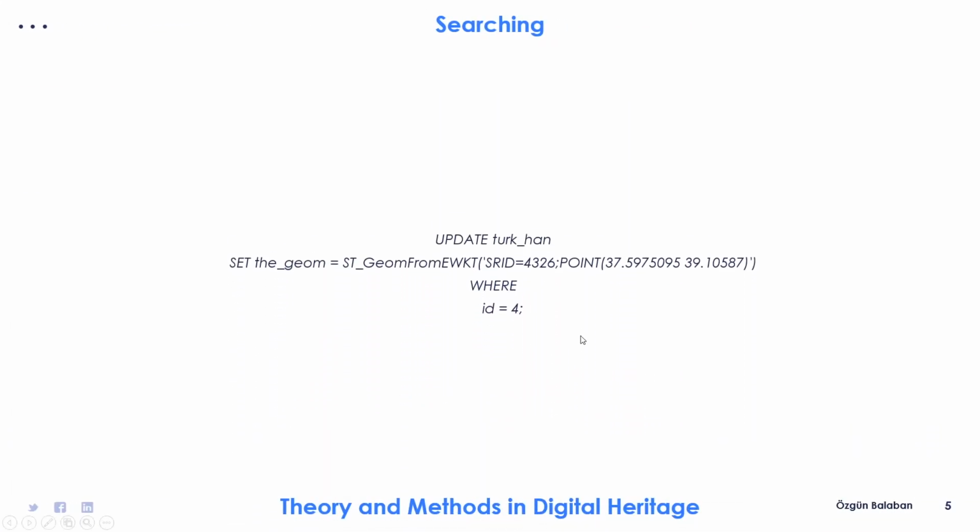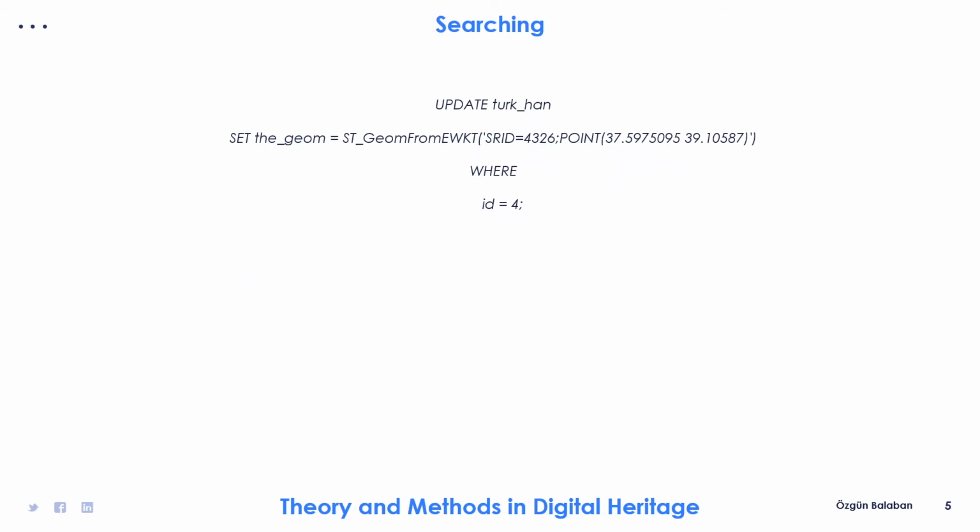Okay, to update it, we have this query, update the name of the table, and say, for example, I want to change the geometry. So you can change anything, you can change any column or any value, but for this example, I'm going to change its geometry. So update the name of the table and the thing that I want to change, and where ID equals 4.